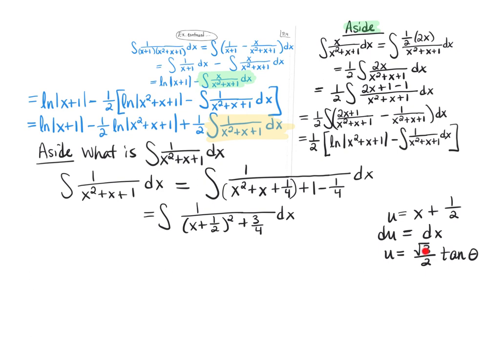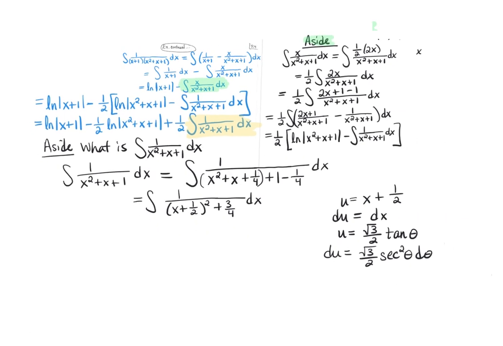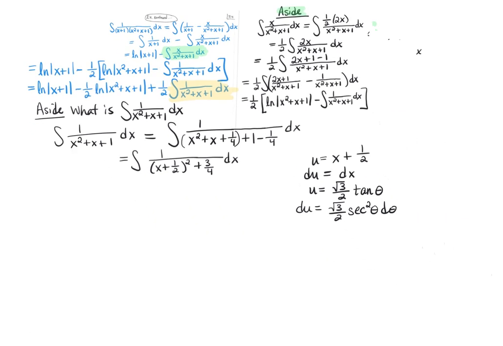So remember, the square root of 3 over 2 comes from thinking of this as a square. So we have to take the square root of 3 over 4, which gives us the square root of 3 over 2. Okay? Now, du is equal to the square root of 3 over 2. The derivative of tangent theta is secant squared theta d theta. So right now, we have everything set up for our u substitution.